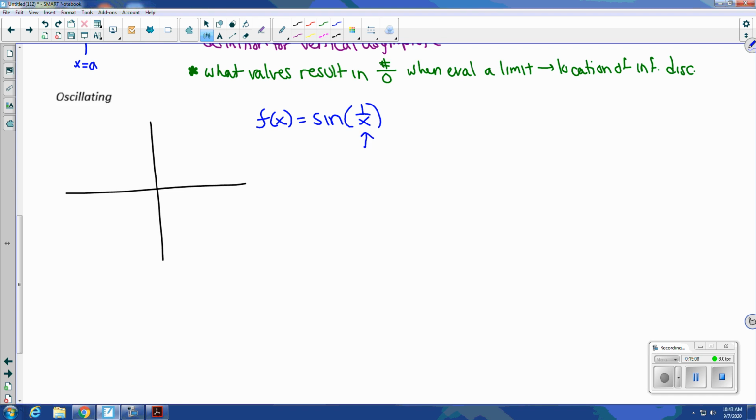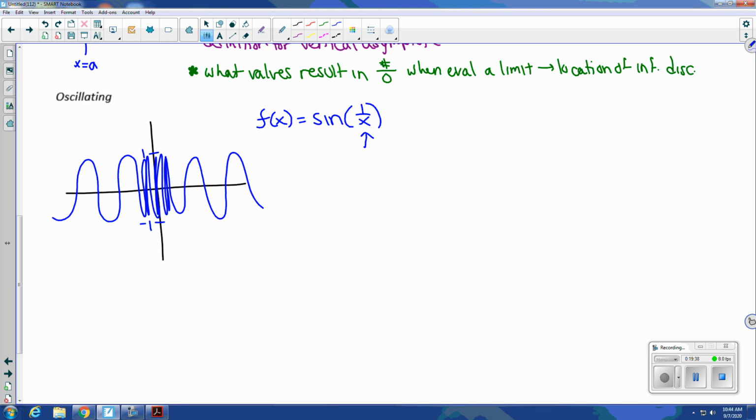If you took a look at the graph, you would see that when it gets towards 0, it starts oscillating really quickly. As you approach 0, it keeps jumping back and forth between plus or minus 1. Because you can't determine where it's actually headed since it's fluttering so quickly, it's not continuous there, because we can't say that as x approaches 0, the output approaches the same value of the limit.